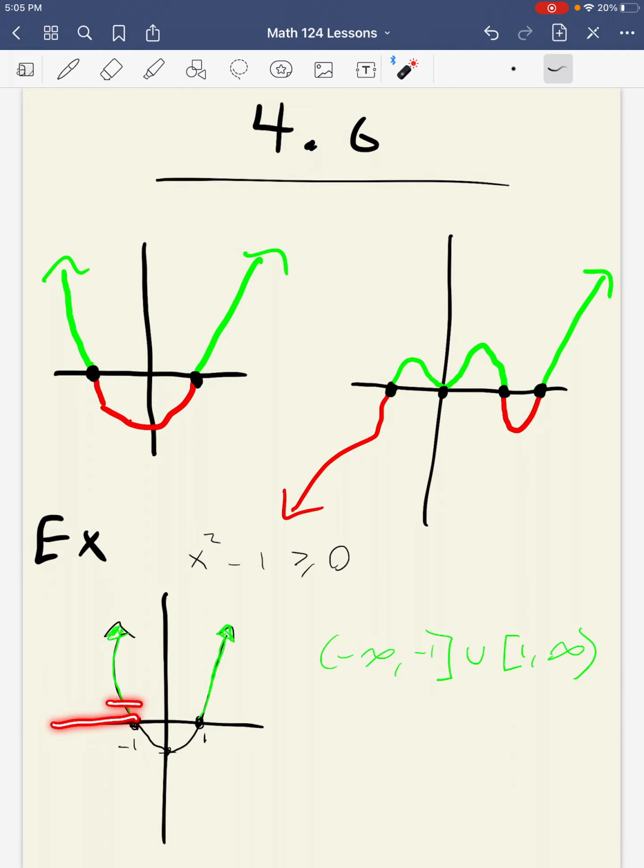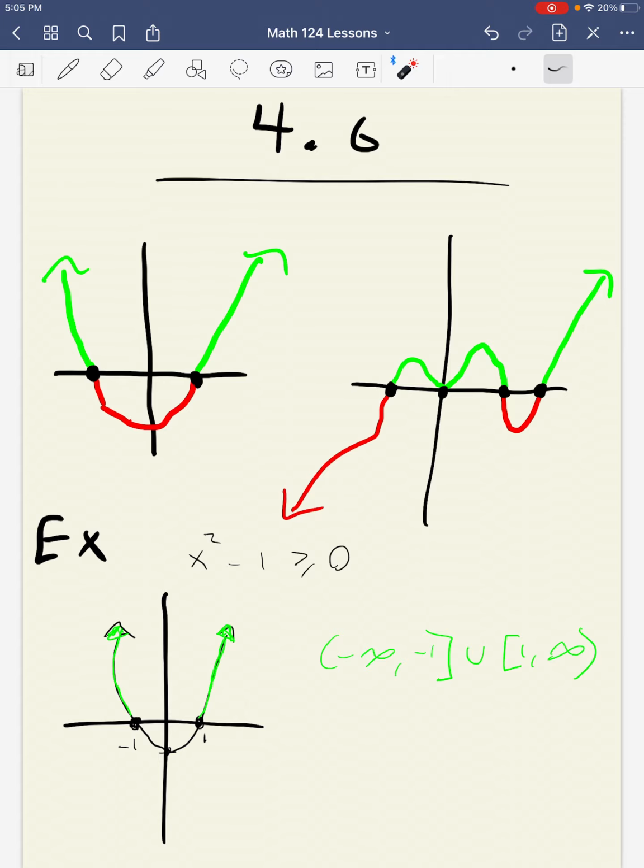That is, if we plug in numbers from here to here, or plug in numbers from here to off to infinity, the corresponding output will be on the positive portion of the y-axis. And I did square brackets here because it was greater than or equal to 0.